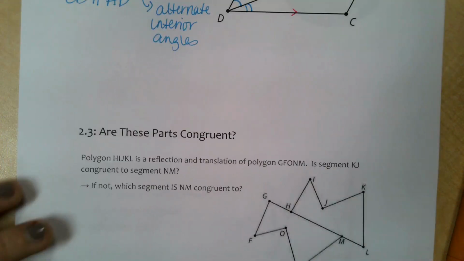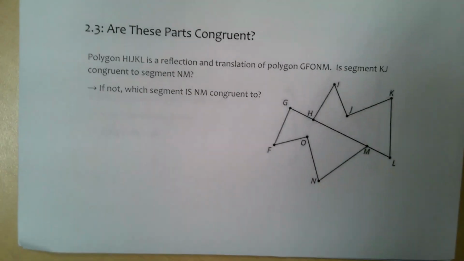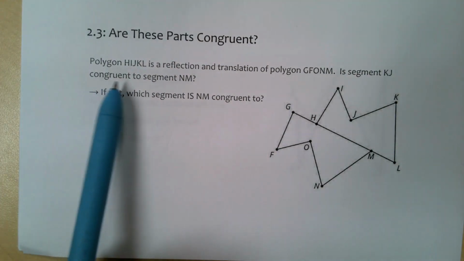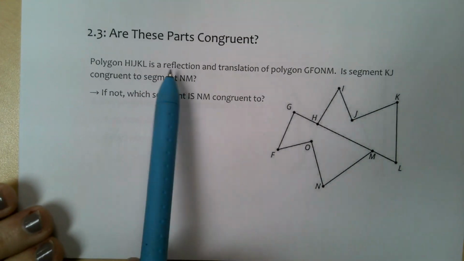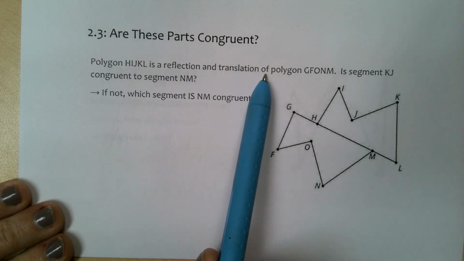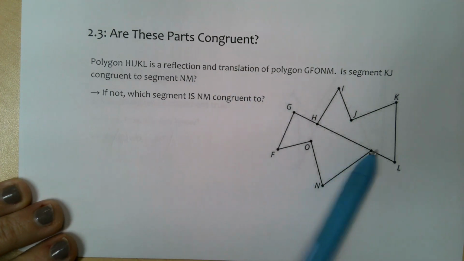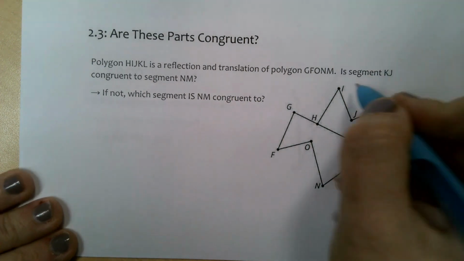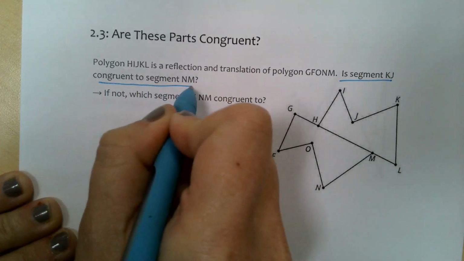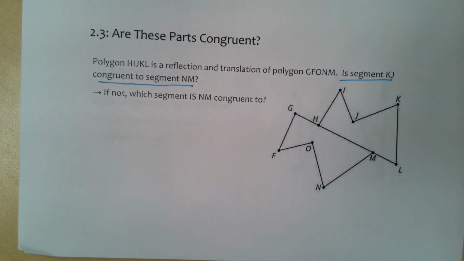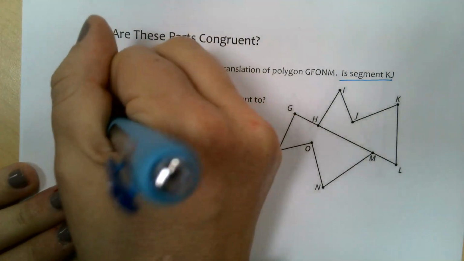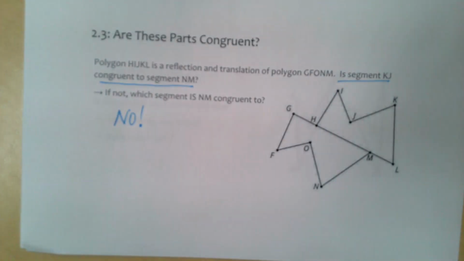All right, let's look at our next example. It says, are these parts congruent? So polygon HIJKL is a reflection and translation of this polygon down here. Is segment KJ congruent to segment NM? All right, so the answer to that is no, okay?